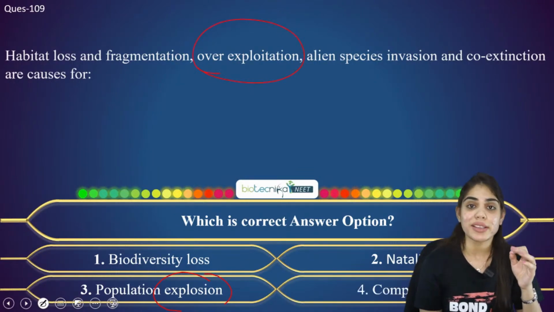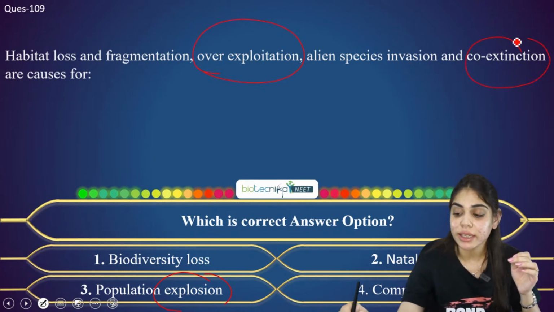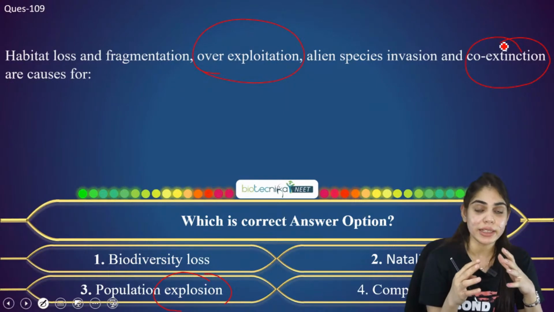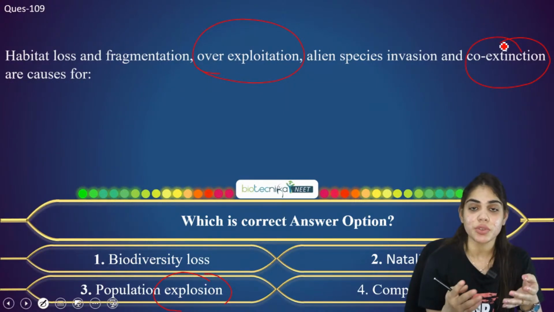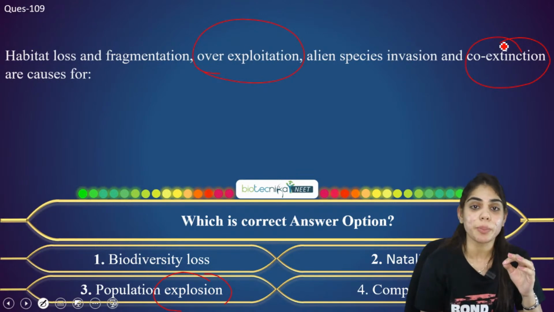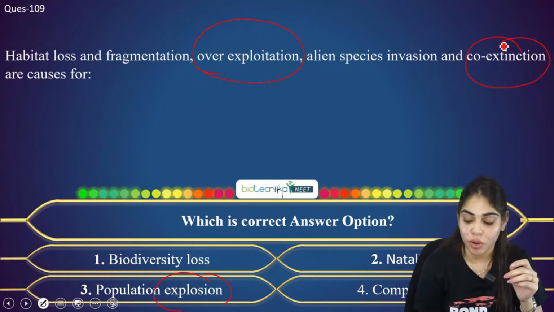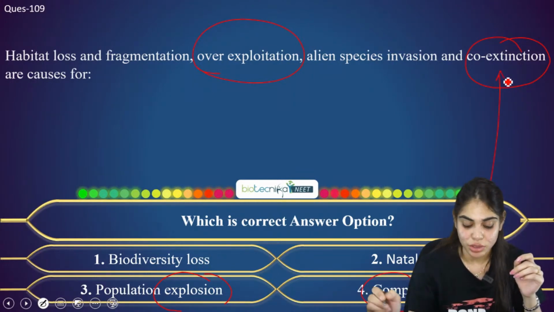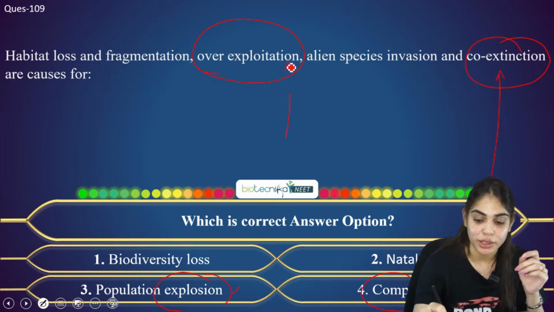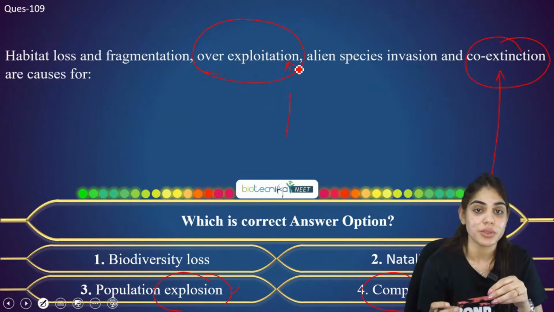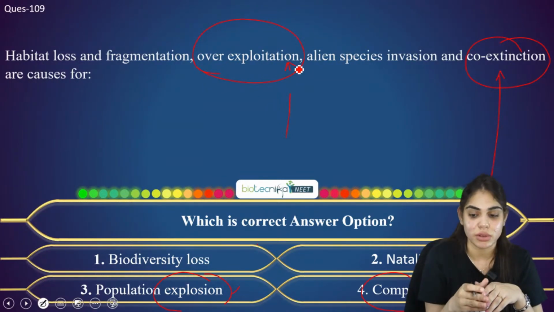Now co-extinction is always seen in the case of competition, when two individuals compete with each other, whether in terms of shelter, food, or mating. They always compete with each other, and a co-extinction phenomenon happens. So competition leads to co-extinction, and population explosion leads to overexploitation, because it exploits the resources present in an ecosystem.